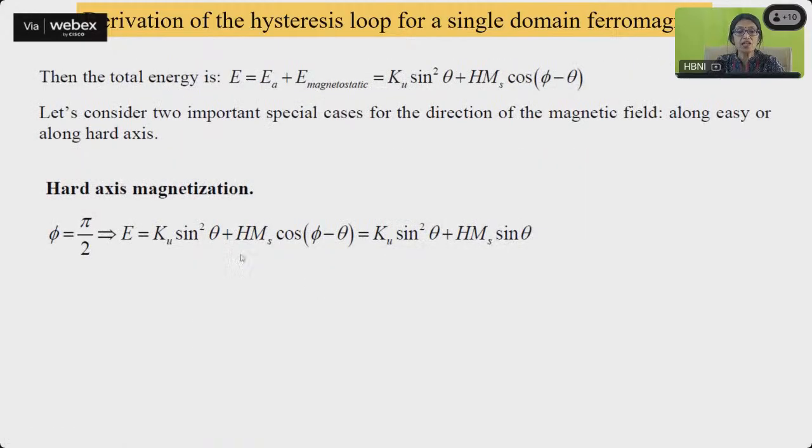Now what is the total energy when you have this external field applied? It is the anisotropy energy plus this magnetostatic energy. Now there are two important special cases for the direction of the magnetic field. It can be either along the easy axis or along the hard axis. If it is along the hard axis, then this phi value is pi by 2, or 90 degrees.